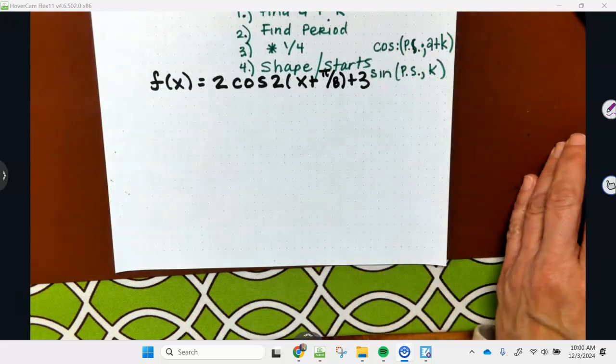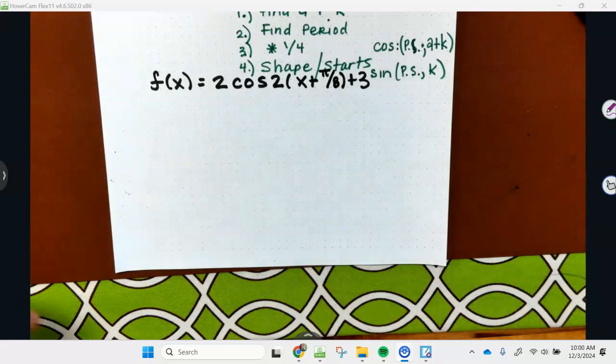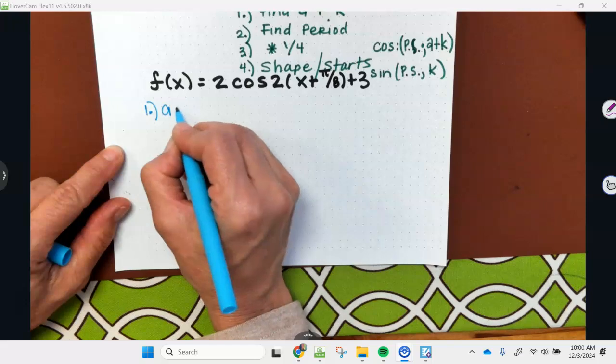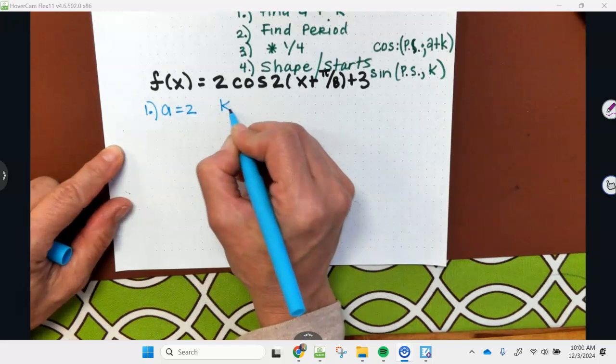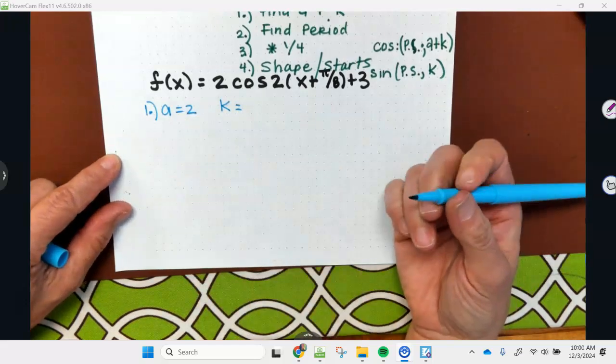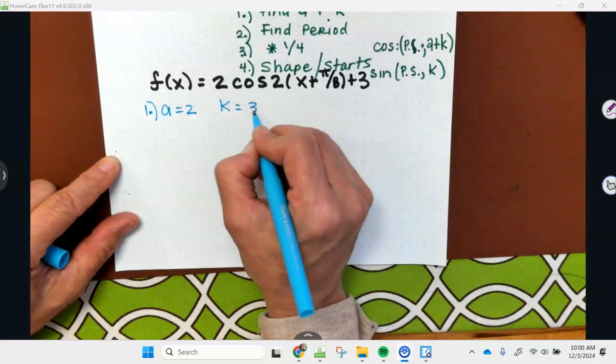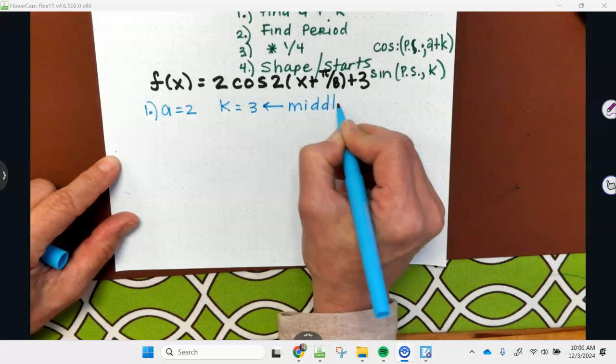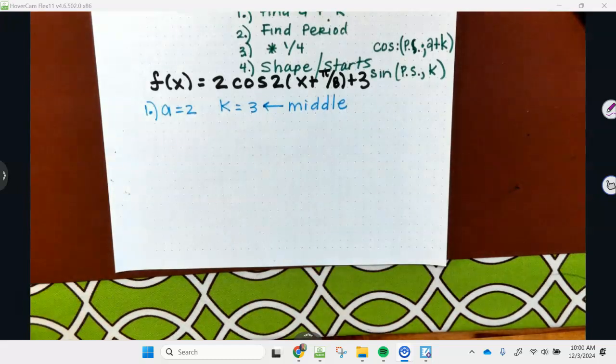Cool. All right. Let me move this up, and let's get this going. Step 0, check. Step 1, find A and K. A is 2. K is 3. And remember, K is the middle. And remember, amplitude is how tall the waves get from the middle and how low the waves get from the middle.